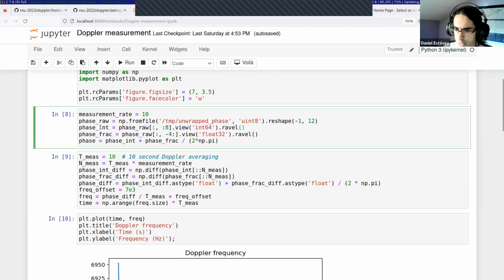And that's the phase integer part. The fractional part is the last 4 bytes, and we need to interpret those as a 32-bit floating point number. And then we can do the combination. So we have the phase integer, and then the phase fractional is in radians. So to get cycles, we need to divide by 2 pi. And this is the unwrapped phase.